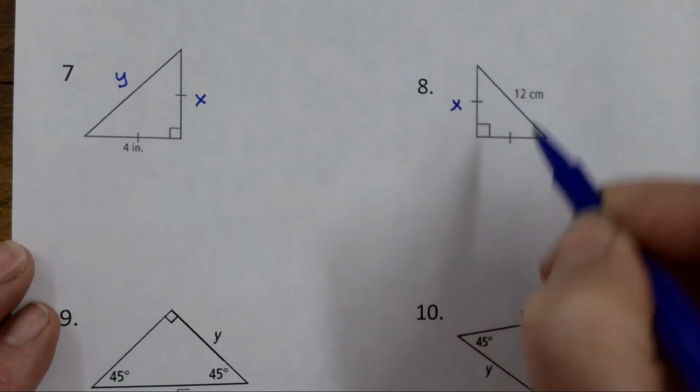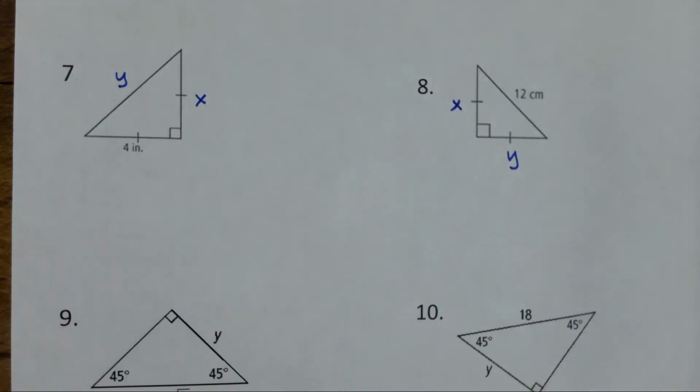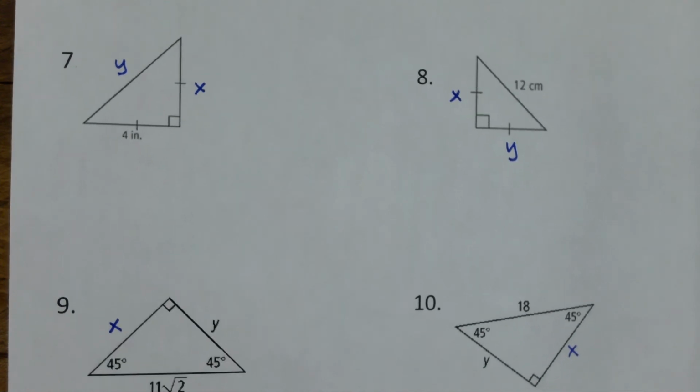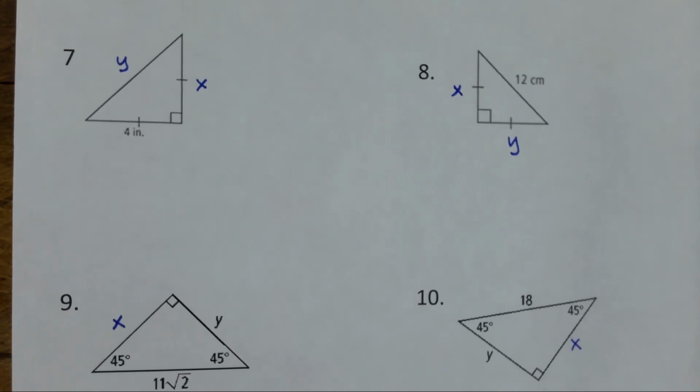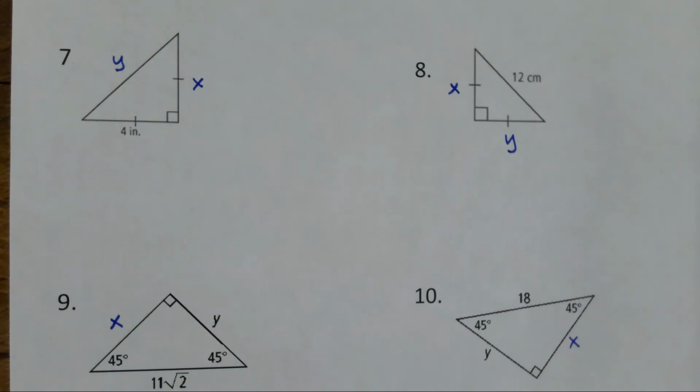Find x and y. 9, I'll put an x and a y. 10, an x and a y. And 11 has an a, b, and c. 11's going to be a tricky one. I'm going to pause this and let you work through again. See if you can check your answers with somebody else. But I want you to find all the missing variables.